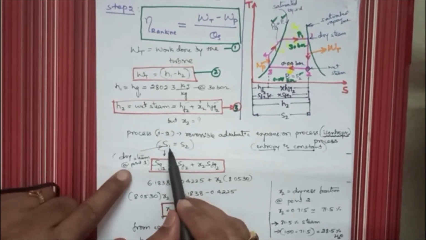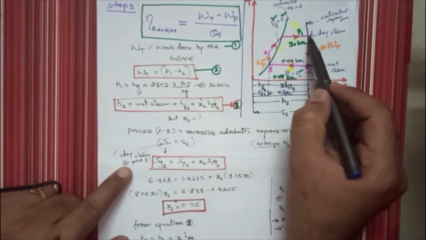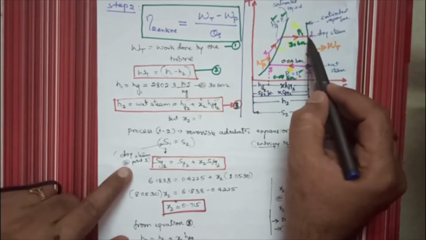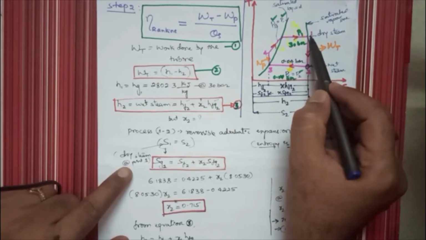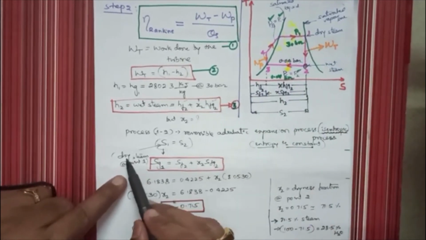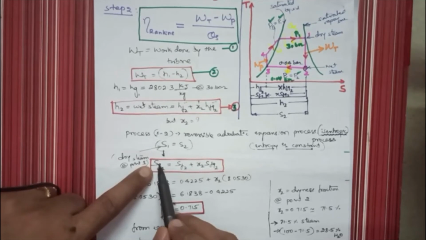Then entropy at point number 1 you will get directly from the data handbook, because this is purely steam. X is equal to 1. So you will get entropy from the data handbook, that is dry steam at point number 1, SG1 I will write. Why, what is G? G stands for gas.